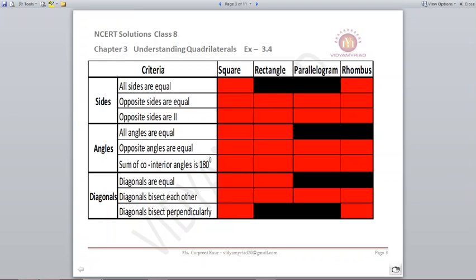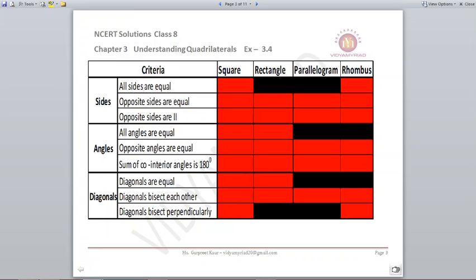Diagonals bisect each other, diagonals bisect perpendicular. Now if you look at the criteria, all the sides are equal only in the case of square and rhombus. All the angles are equal only in the case of square and rectangle, that is 90 degrees.